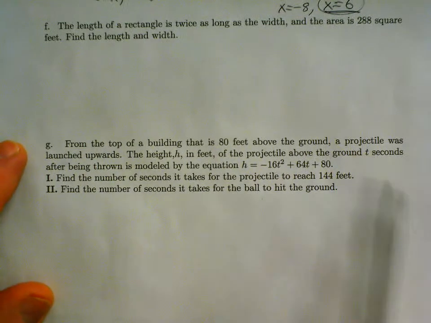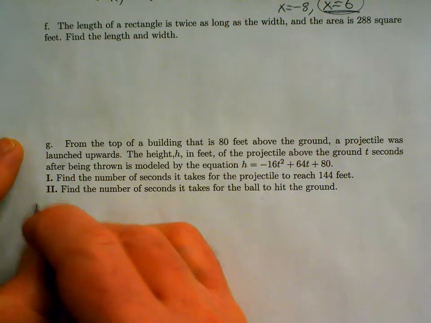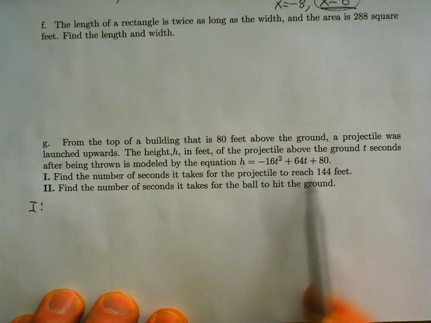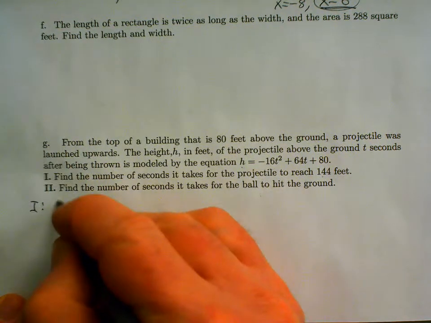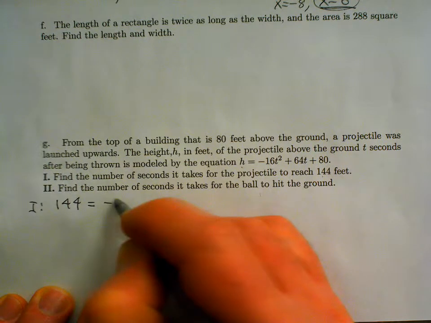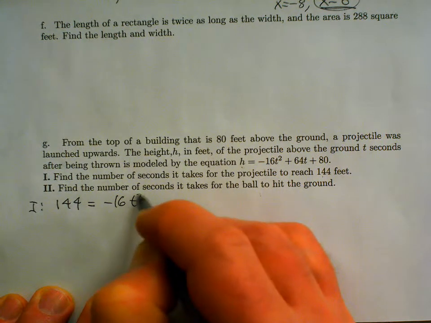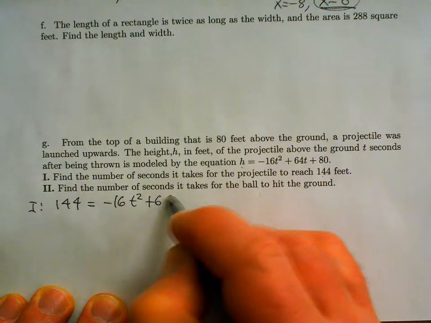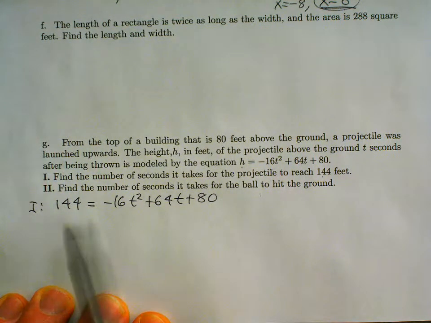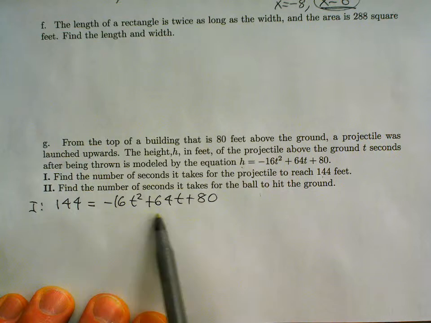So what that means is, for part 1, replace h with 144, so you get 144 equals negative 16 t squared plus 64 t plus 80, and then solve this equation for t.